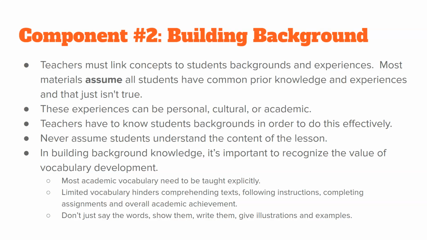And then you also want to, I don't want to say focus on vocabulary, but without vocabulary, students don't have ways to express themselves, ways to show their learning. Okay, so any academic vocabulary needs to be taught explicitly. They need to know the word, and then they need to know what the word means.